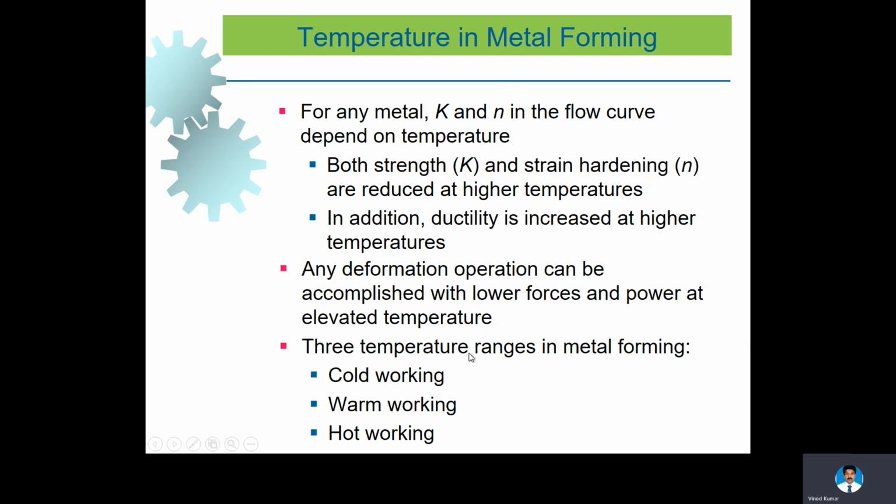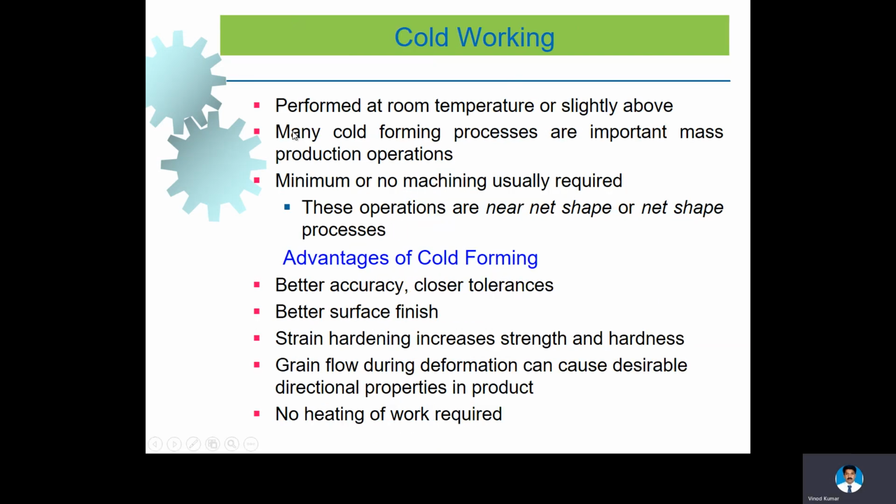So depending on the temperature, we can classify the processes as cold working, warm working, and hot working. These are the three working methods. Cold working is performed at room temperature or slightly above room temperature.